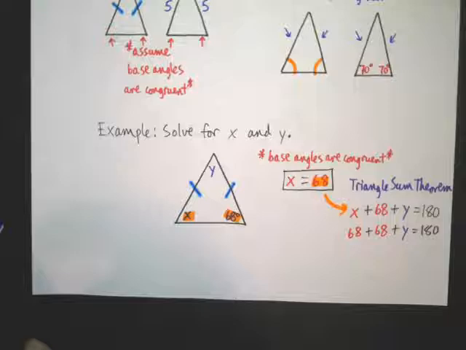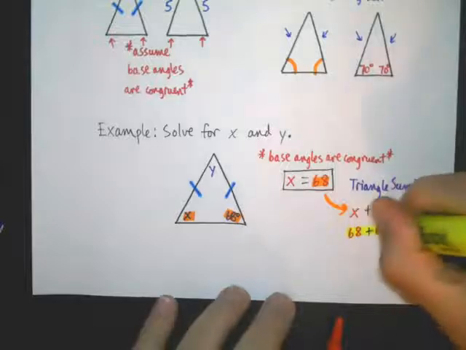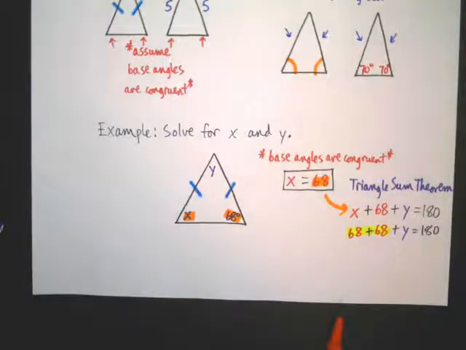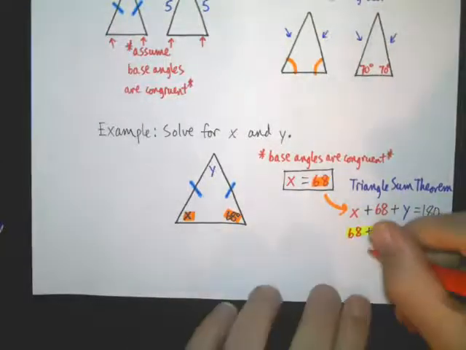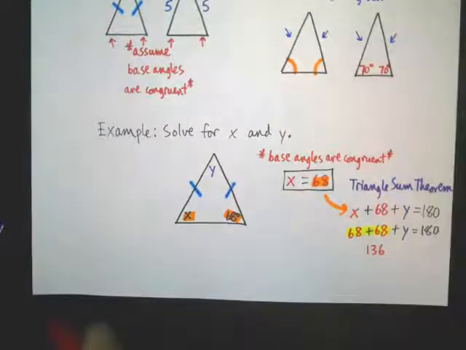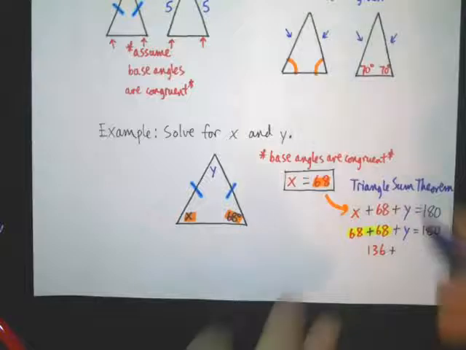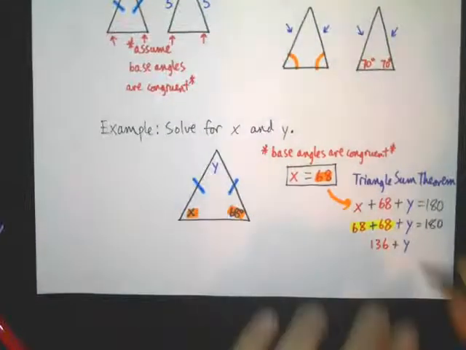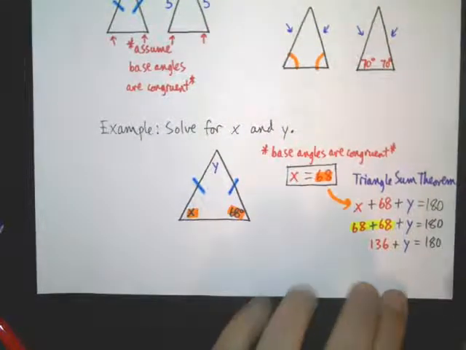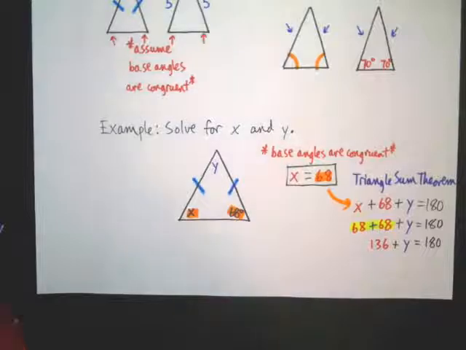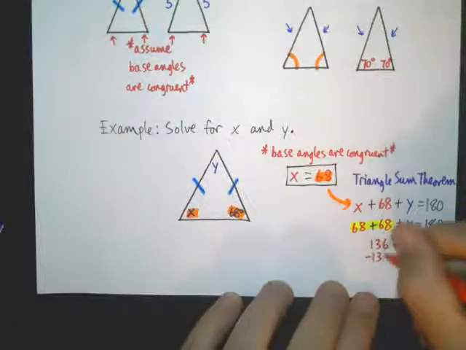And from there, I'm going to combine like terms. 68 plus 68 makes 136 plus y equals 180. Now I'm going to subtract 136.